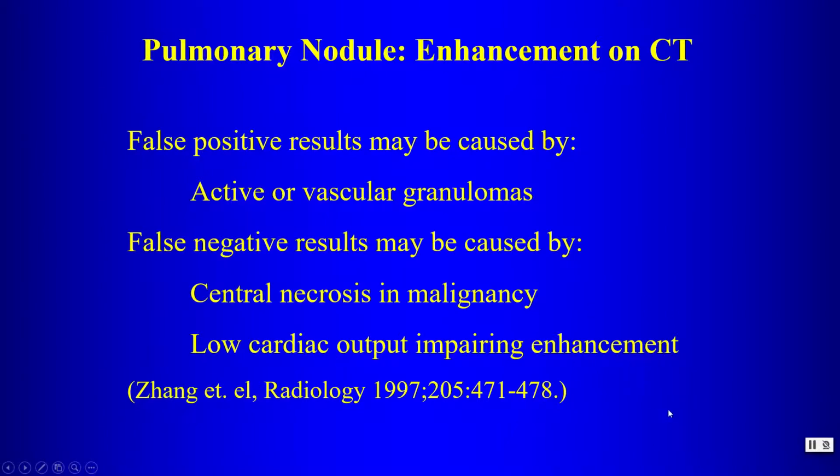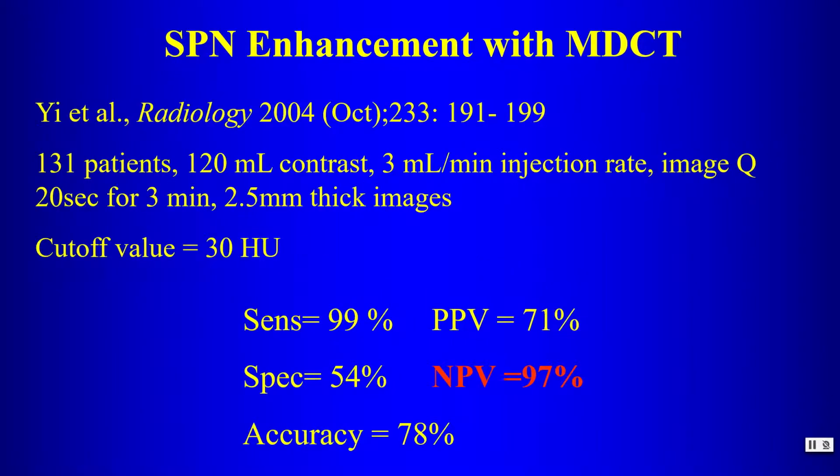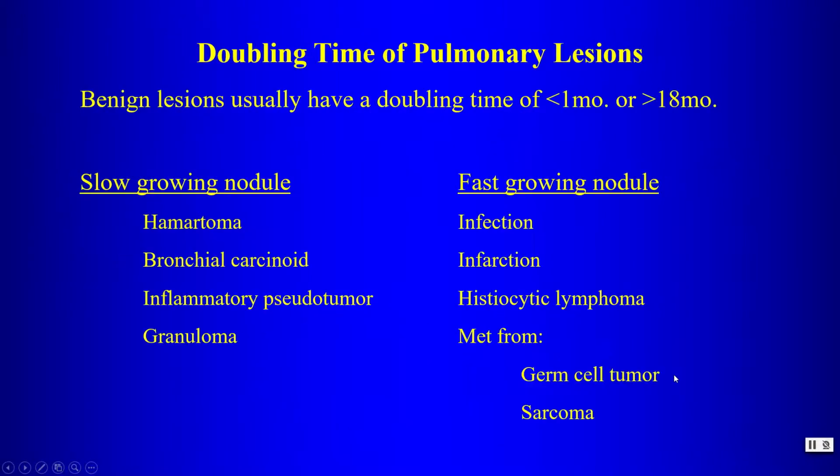Nowadays, though, enhancement studies with CT are usually not done, as we usually use PET CT for further evaluation of lung nodules. In a follow-up study done with multi-detector CT, they were able to move up the cutoff value to 30 Hounsfield units. So in multi-detector CT, if you follow the protocol and the lesion enhances less than 30 Hounsfield units, the negative predictive value is quite high, on the order of 97%.